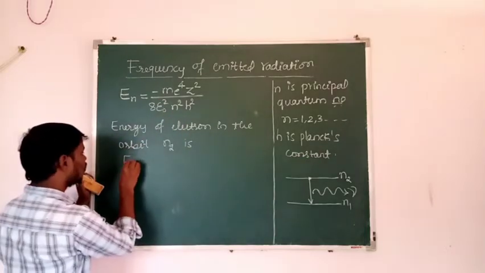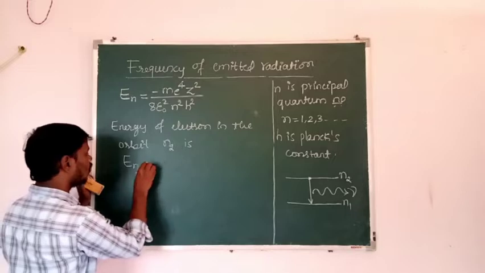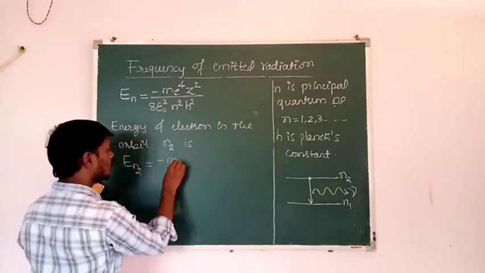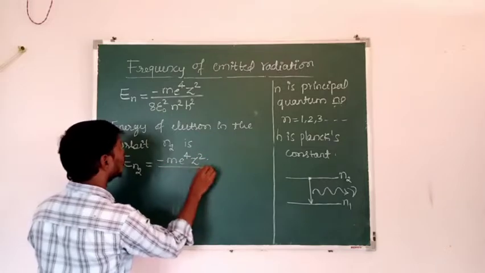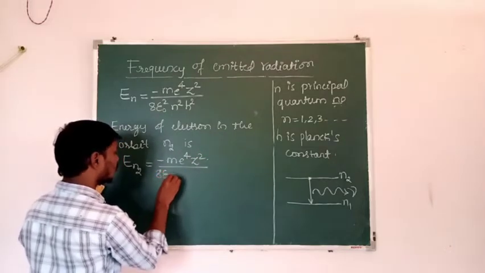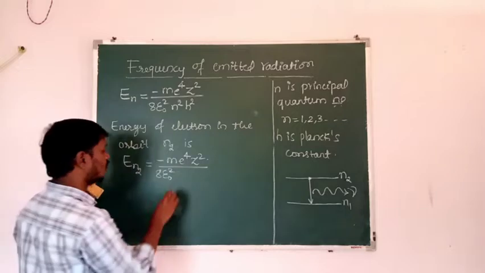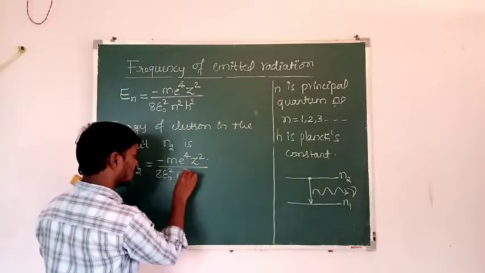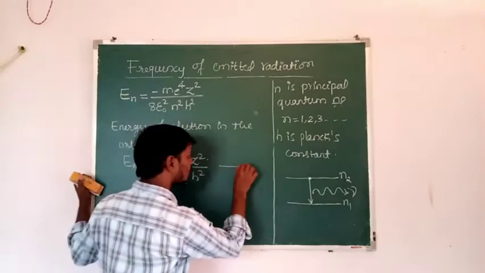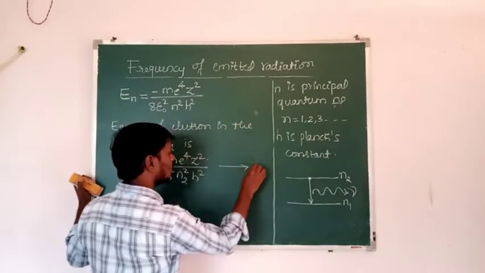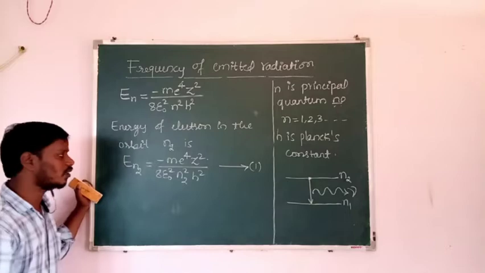Then En2 is equal to minus m e raised to 4 z square divided by 8 epsilon naught square n2 square into h square. I will call this equation number 1.